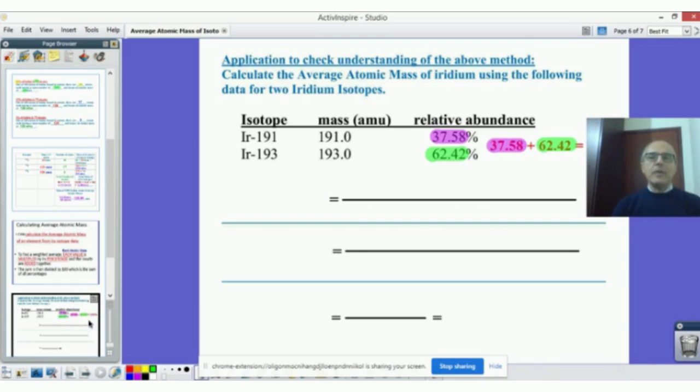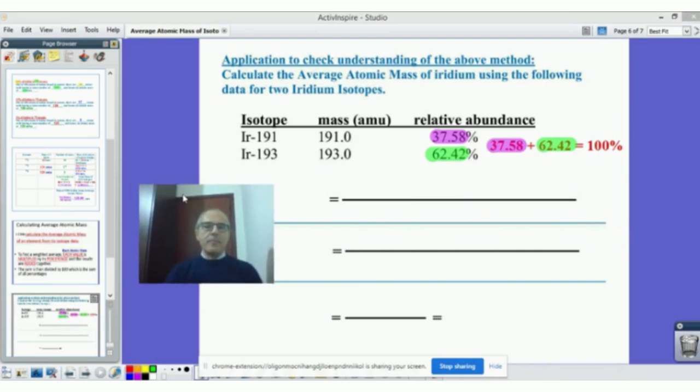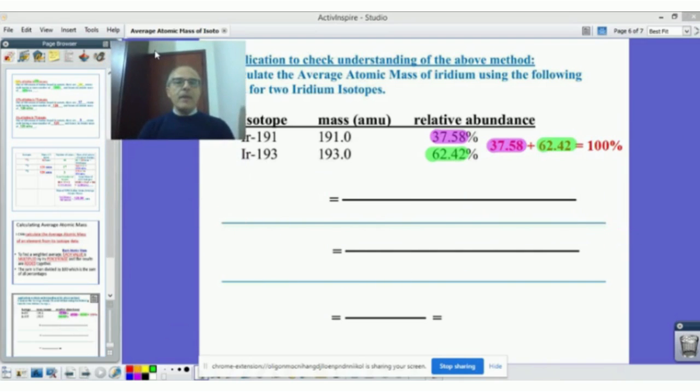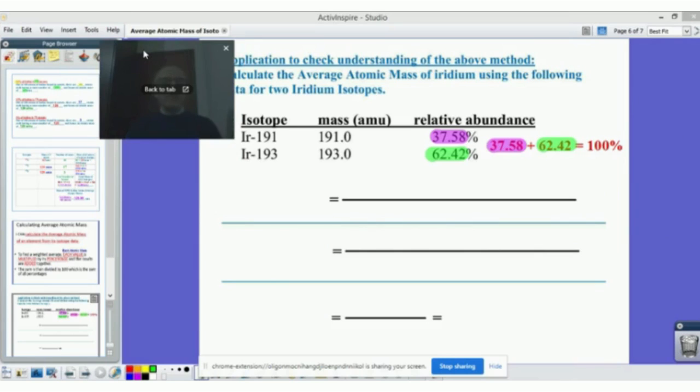Iridium exists in nature in 2 isotopic forms: iridium 191 and iridium 193. Iridium 191 has an atomic mass of 191.0 AMU, and iridium 193 has an atomic mass of 193.0 AMU.